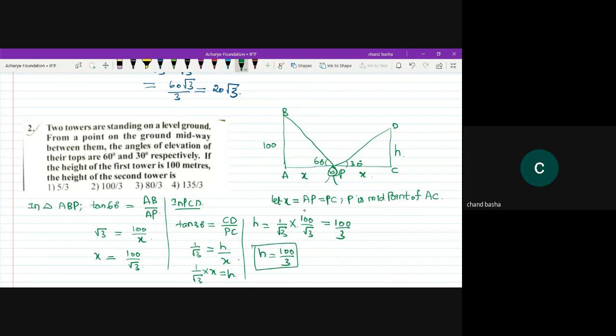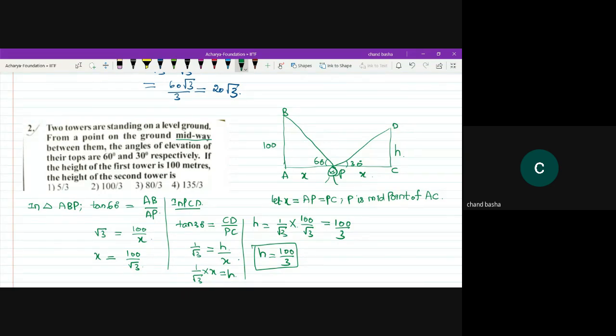So this point is important. Two towers standing on the level ground, from the point on the ground midway. This statement is important. You are standing between the two tower bases. So P is acting as the midpoint of AC.